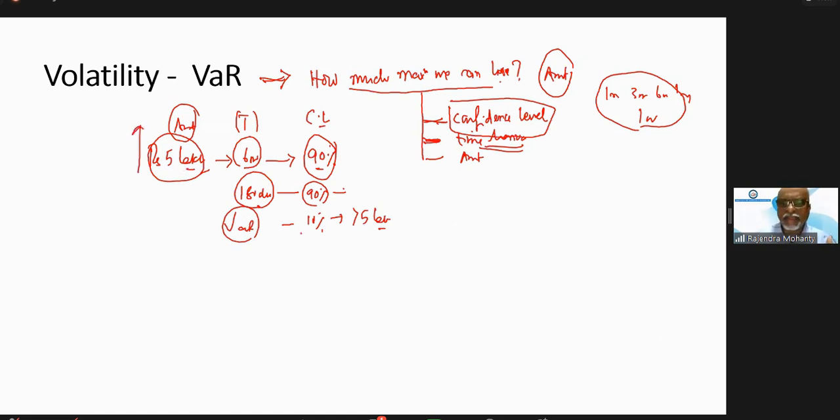So that is the VAR. Confidence level means it is within the limit of loss; when it goes beyond this, we call it the value at risk. 10% of 180 days means only 18 days my loss may go more than 5 lakh. On the rest, 162 days, that is 90% of days, my loss will be less than 5 lakh. That is what the VAR prediction is.